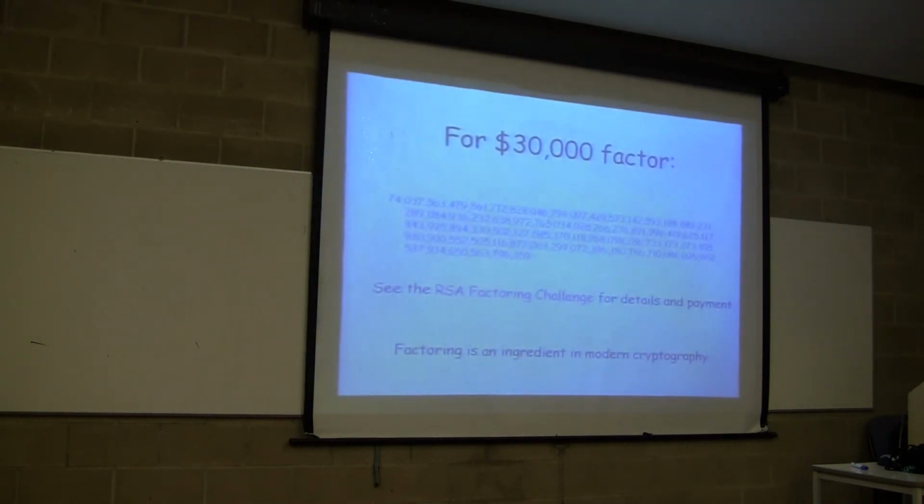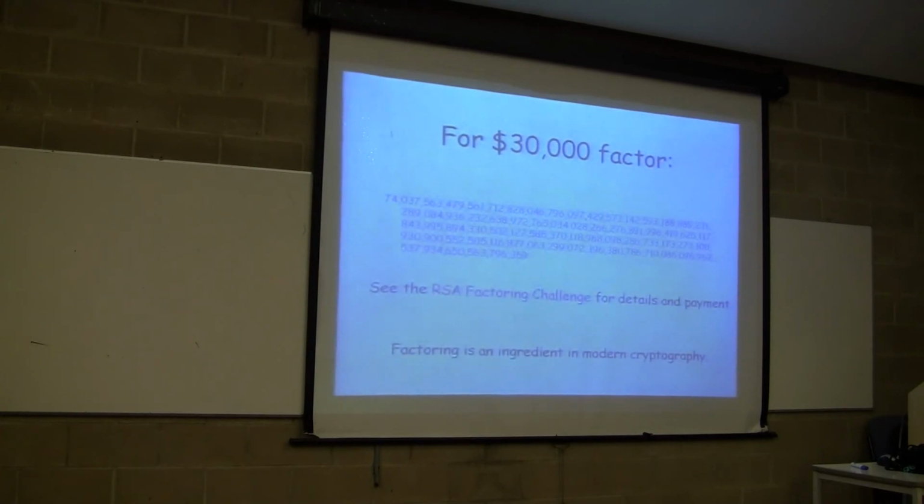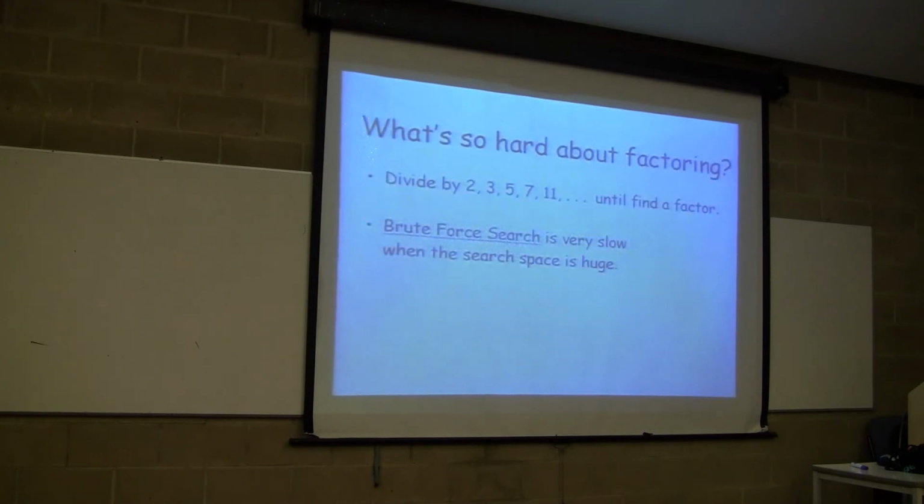Now, the question is, why is factoring so hard to solve? Why does factoring take such a long time to solve on a computer? Well, the reason for that is, in contrast with multiplication, where you can kind of zoom right in on the answer, in factoring, all we know how to do is to search for the answer. Given your number that you want to factor, you try dividing by 2, by 3.